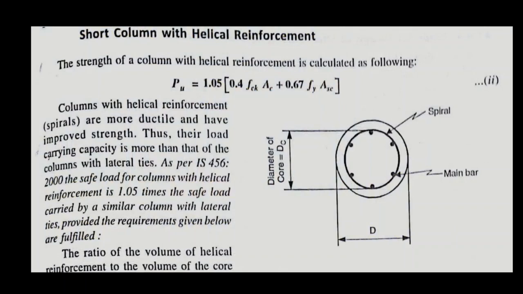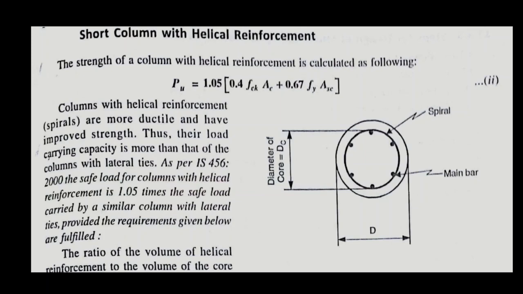You can see the figure, helical reinforcement needed where the column is circular, and for a circular column we need a minimum of 6 longitudinal bars.